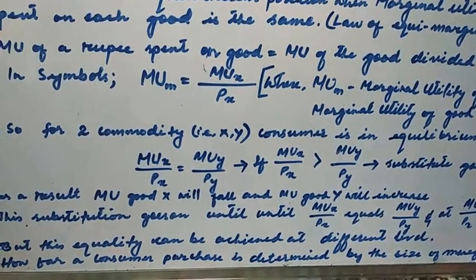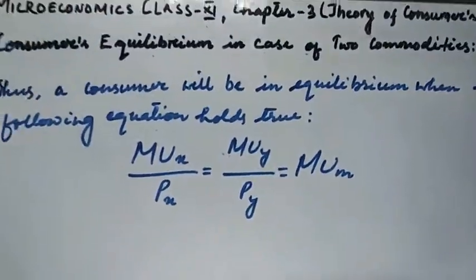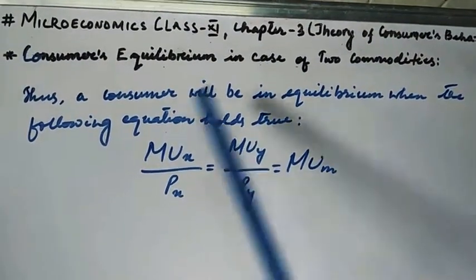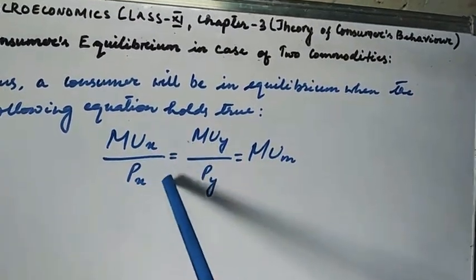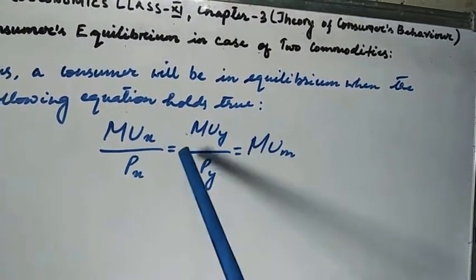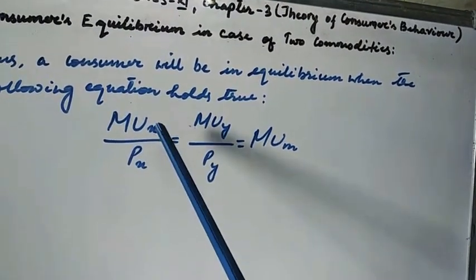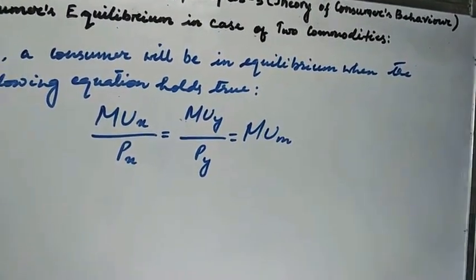So thus, a consumer will be in equilibrium when the following equation holds true: MUX divided by PX equals MUY divided by PY equals MUM. We have explained what MUX, PX, MUY, PY, and MUM are.